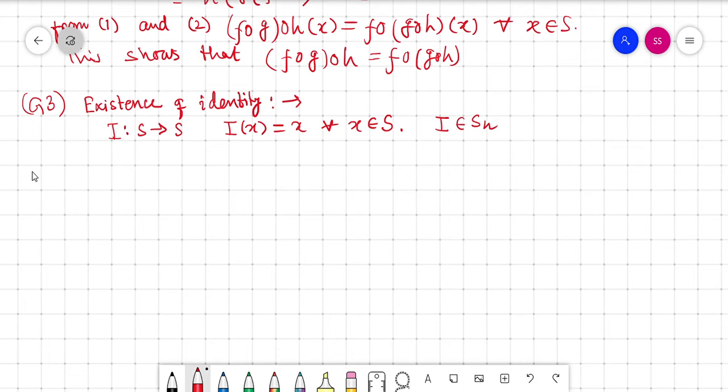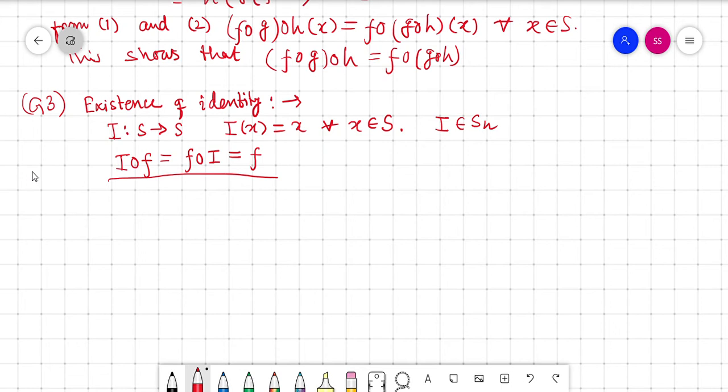Now we check formally that this identity mapping is actually the identity or not. For this we have to check that these two must be equal to f.